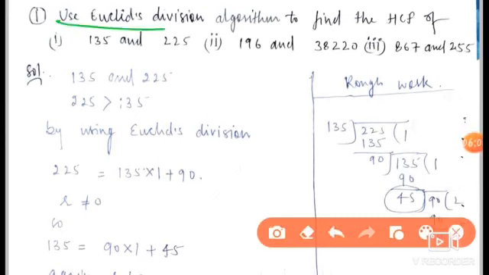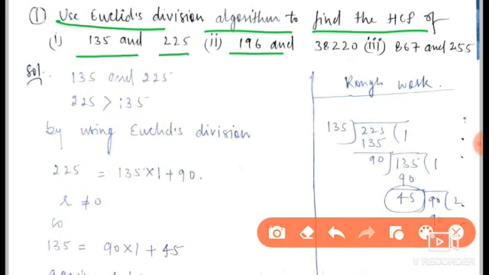Use Euclid's division algorithm to find the HCF of 135 and 225, 196 and 38220, 867 and 255. So by using Euclid's division lemma, 225 is greater than 135.